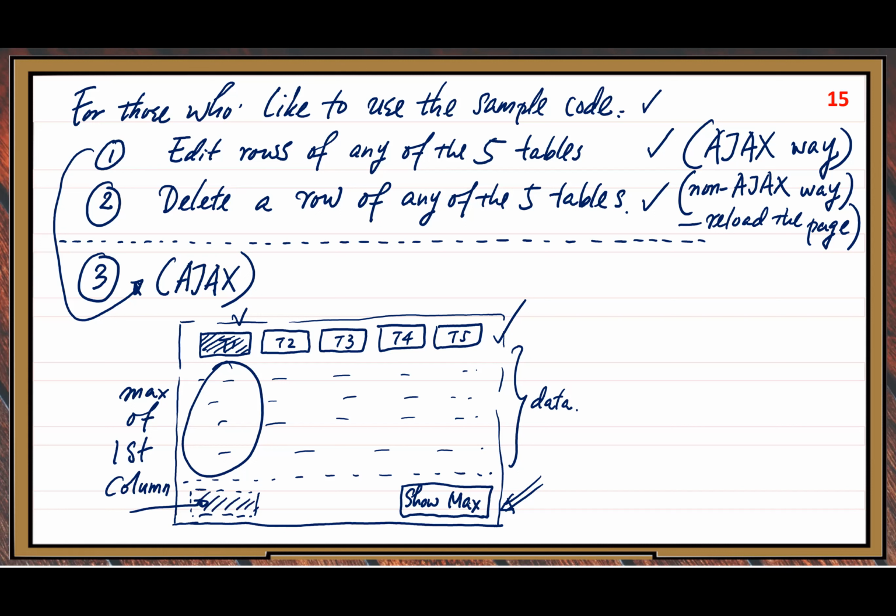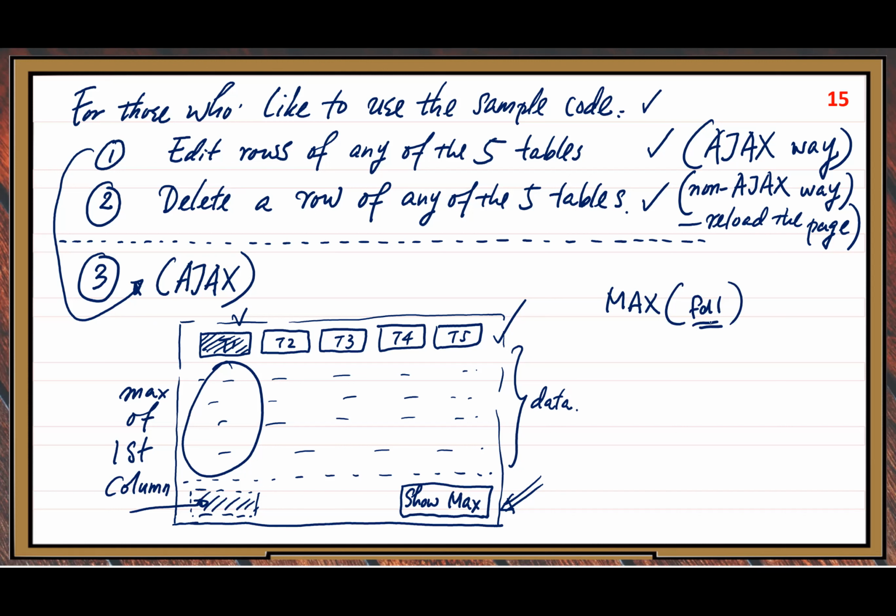You click the show max button, and it displays the largest value. No matter whether it's a string or a number, you can always find the max. In the SQL query, you just call max on field 1.